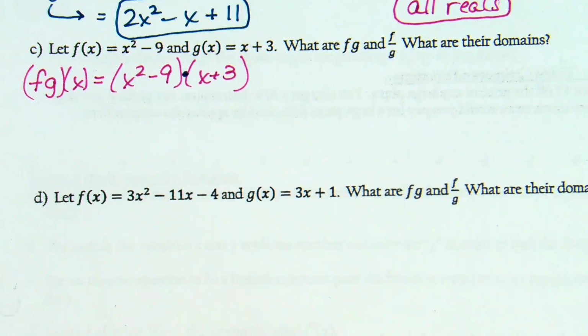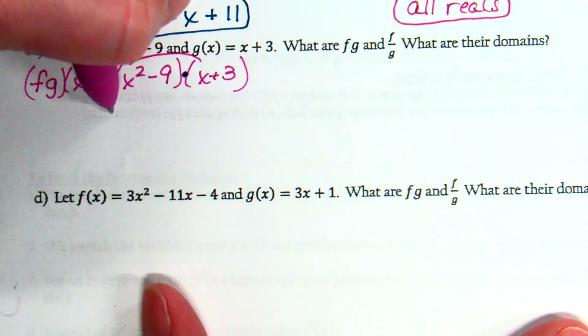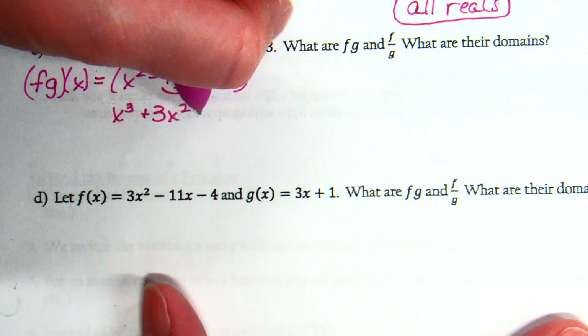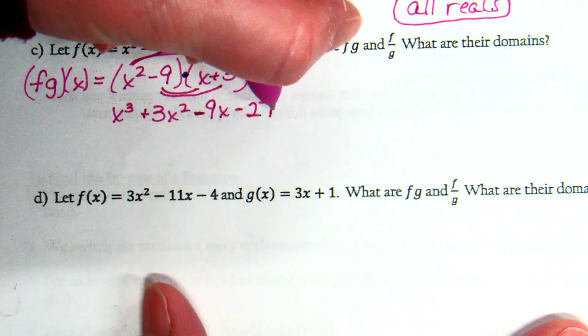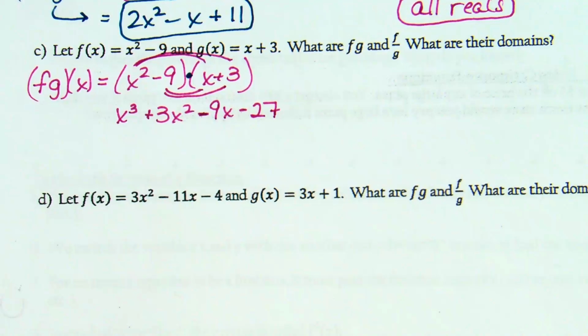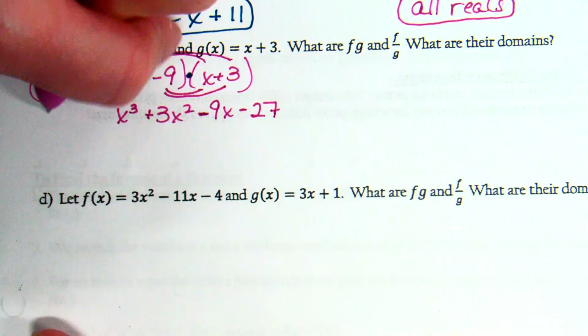X squared times x, x to the third, x squared times 3, 3x squared, minus 9 times x, minus 9x, minus 9 times 3, minus 27. Clean up. It's done. Okay, that is cleaned up because there are no like terms.